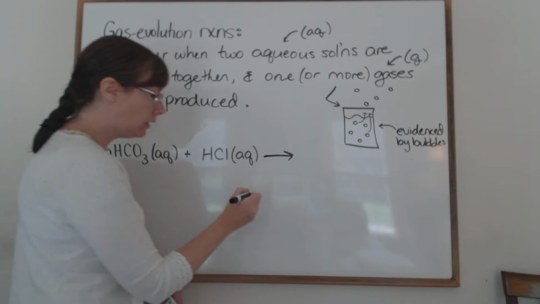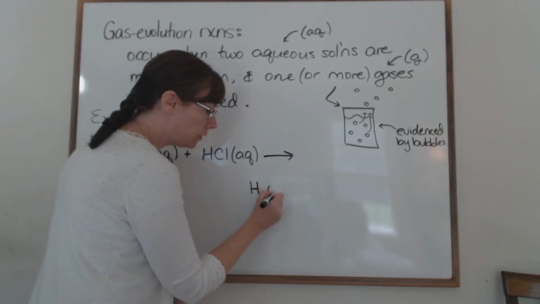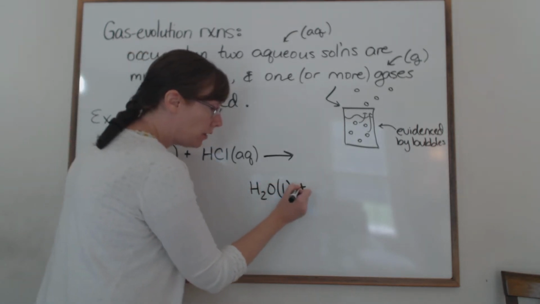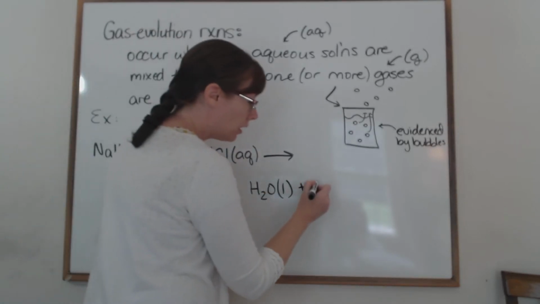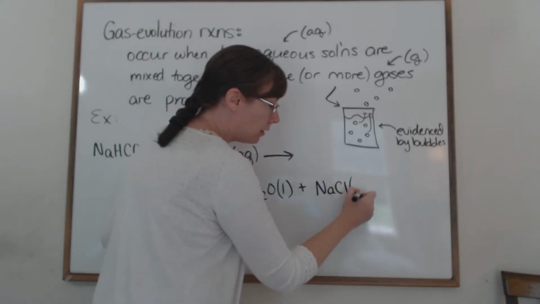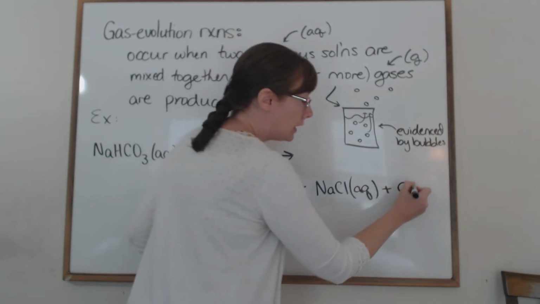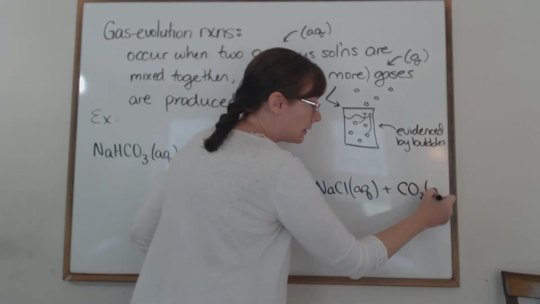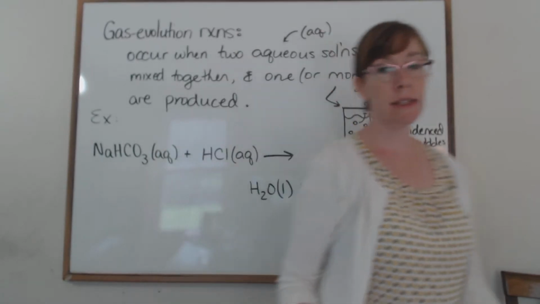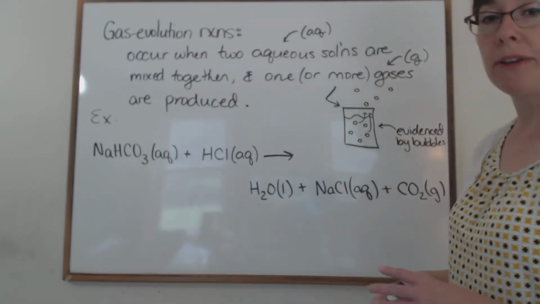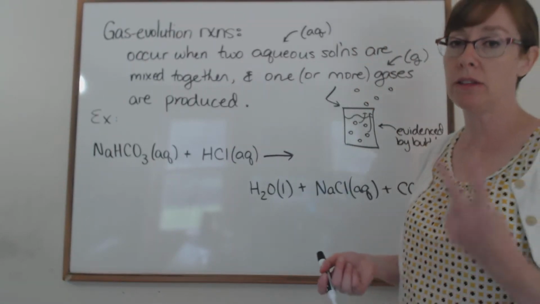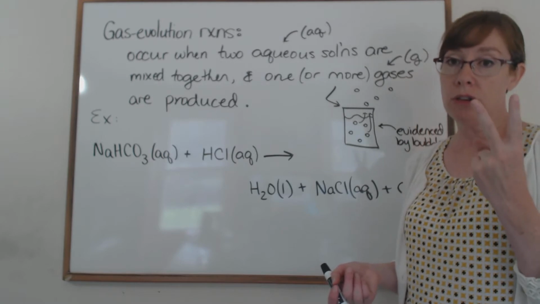That's a little bit beyond what we need to be able to do at this level. So it would form water, sodium chloride, which would remain dissolved in the solution, and CO2 gas. So this is an example of a gas evolution reaction, and honestly there's really only two things you're looking for.